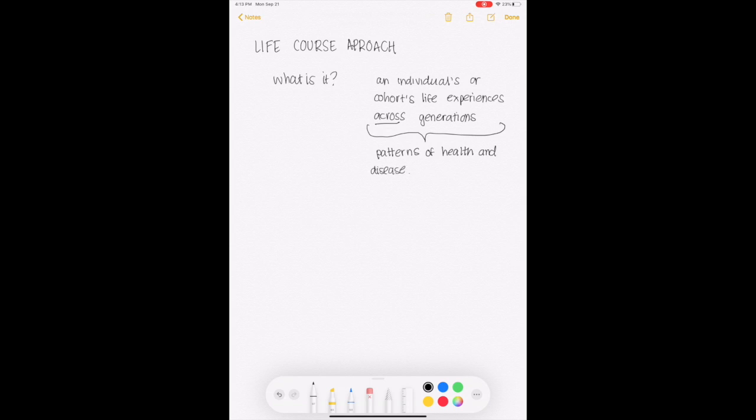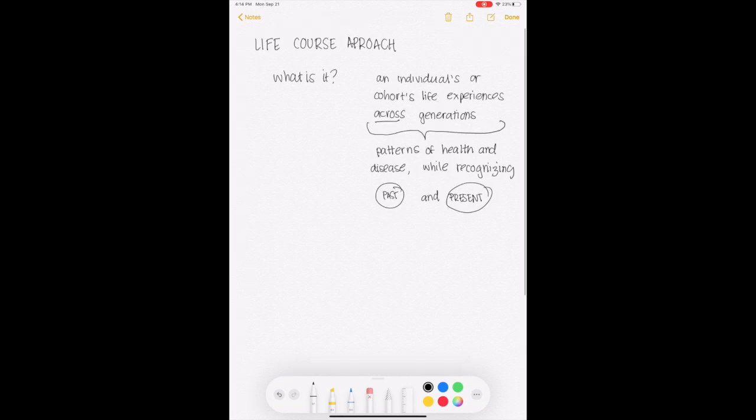So taken together, we're looking at how all of these life experiences across generations affect the patterns of health and disease, while recognizing the past and present patterns of health. All of these things together are then shaped by the social, economic, and cultural context in which we understand health and disease.